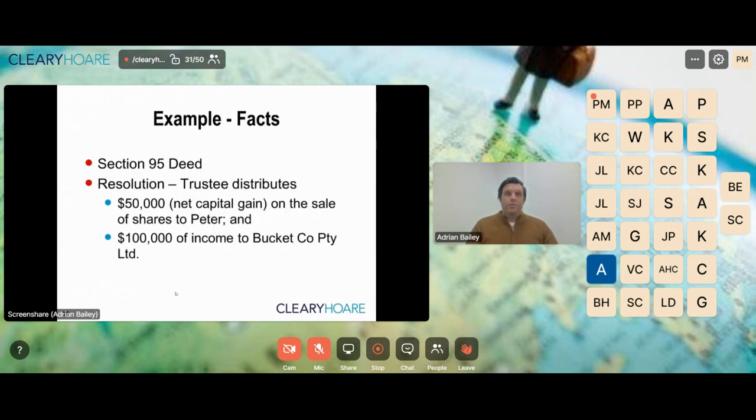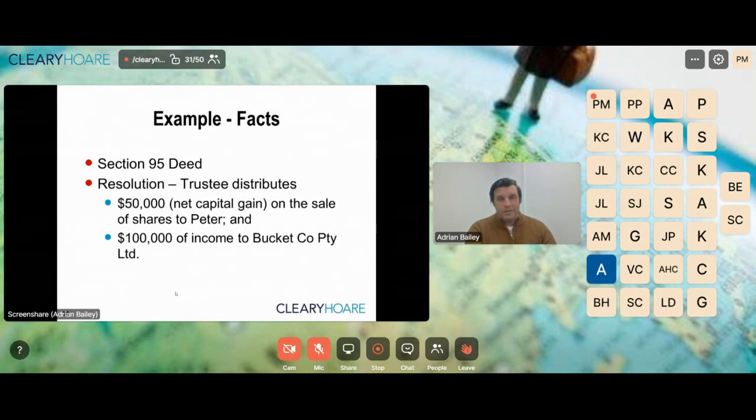So to run through an example to show what would happen if we got it wrong, in our facts, we have a section 95 deed. So it's a deed that says income is income in accordance with section 95. Under our resolution, the trustee resolves to distribute $50,000 being the net capital gain on the sale of shares to Peter and $100,000 of income to Bucket Co. So what would have happened in that situation is we would have had a sale of shares by the trustee for $100,000.